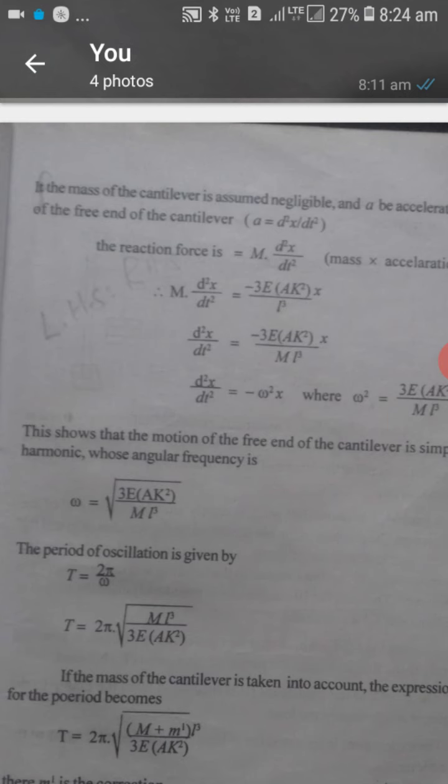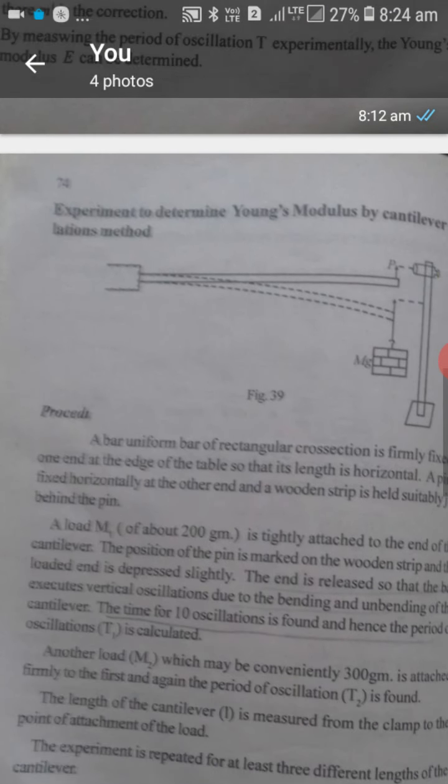The next experiment is to determine Young's modulus using the cantilever oscillation method. For this you take a uniform bar, that is the bar is fixed at one end like a cantilever, then it is loaded at the free end, then a pin is fixed at the loaded end.